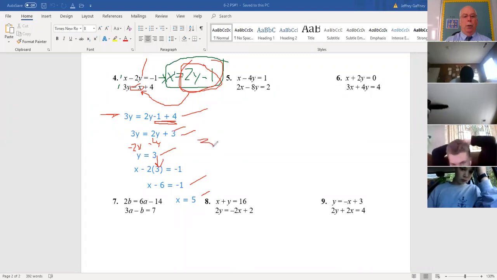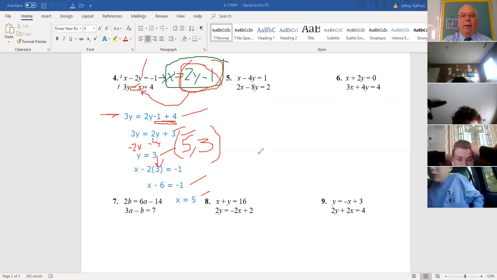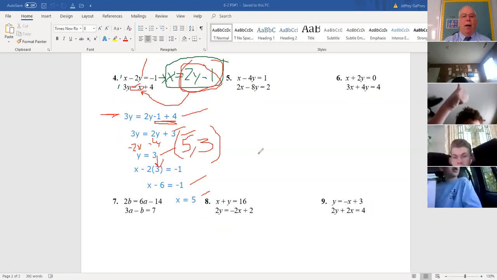So our solution for this system of equations is 5. Be careful, it's an ordered pair. x equals 5, so that comes first. That's why I call it an ordered pair, because the order is important, and 3. Make sense? Questions, comments, concerns, complaints? Kudos? Are we good? All right.